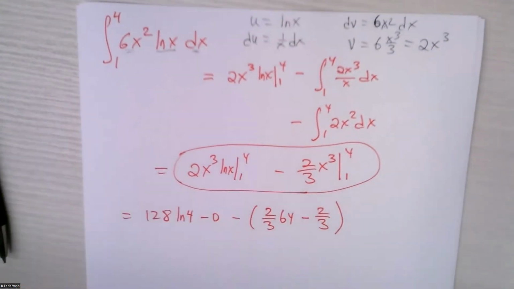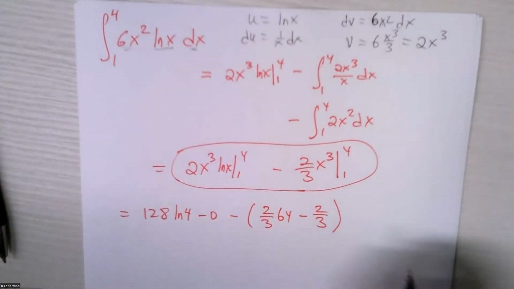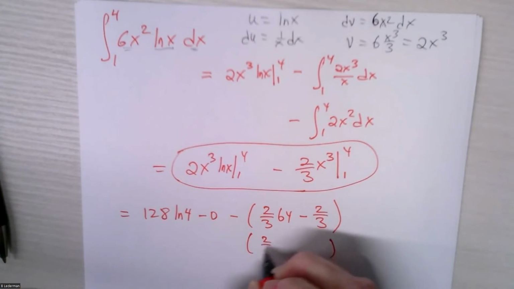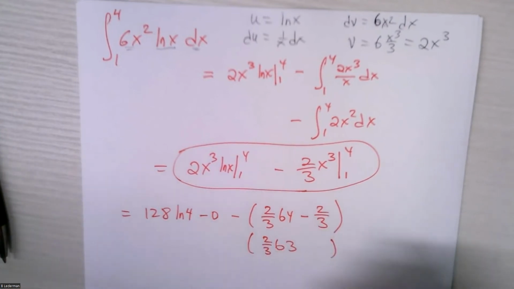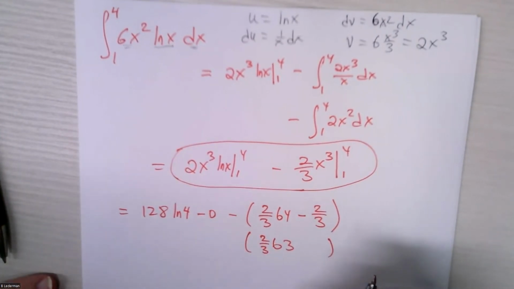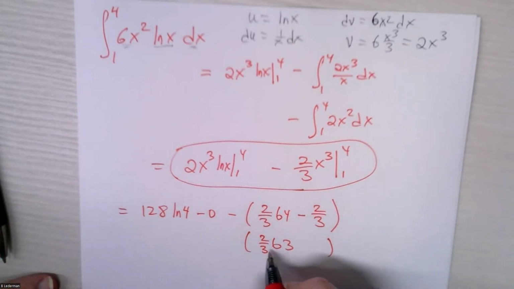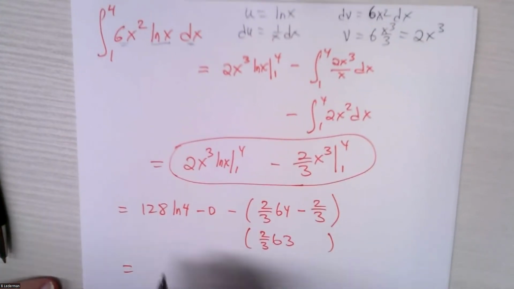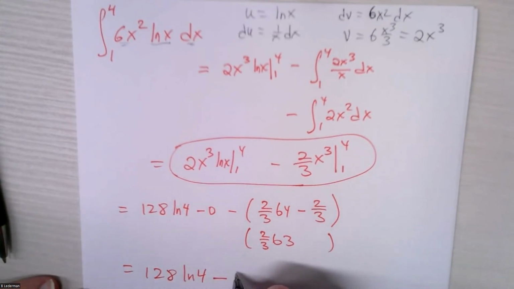That's lovely, which is minus 2/3 times 63. That's 42, if I'm not mistaken. It's 21, right, 42. So this is going to be 128 ln 4 minus 42.